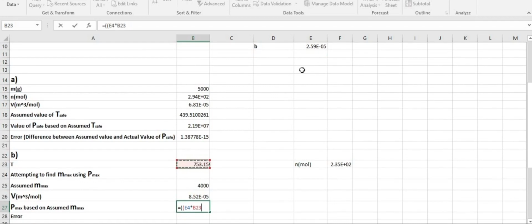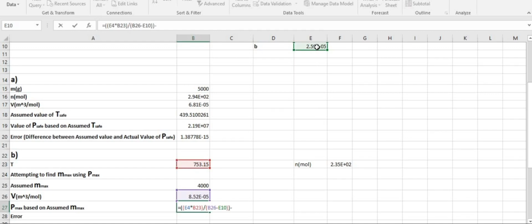So we are using it. RT divided by our value of V minus b. Our b didn't change, so close this bracket and close the first bracket.